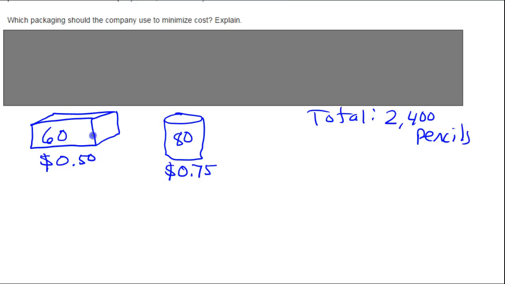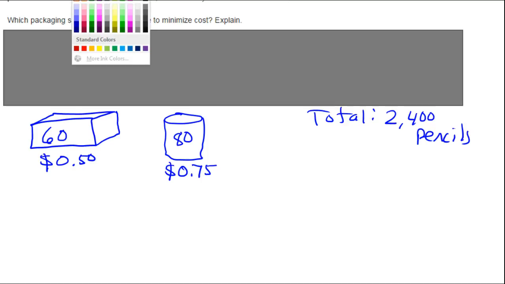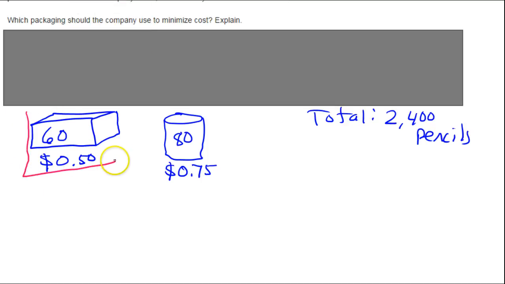Okay, so let's talk about the box first. Say if we did the box, how many boxes would we need to hold 2,400 pencils? Well, if each box holds 60, let's see how many times 60 goes into 2,400.